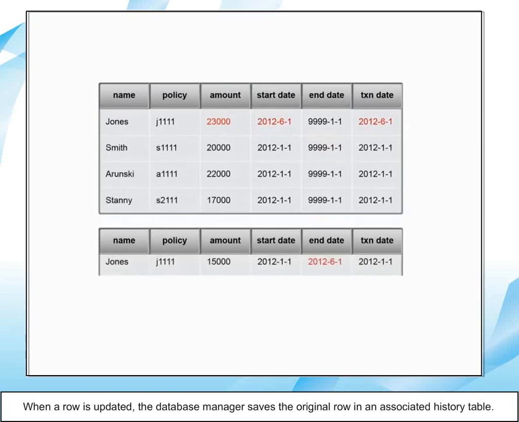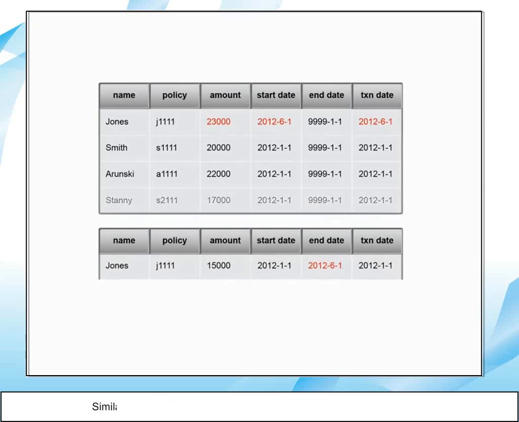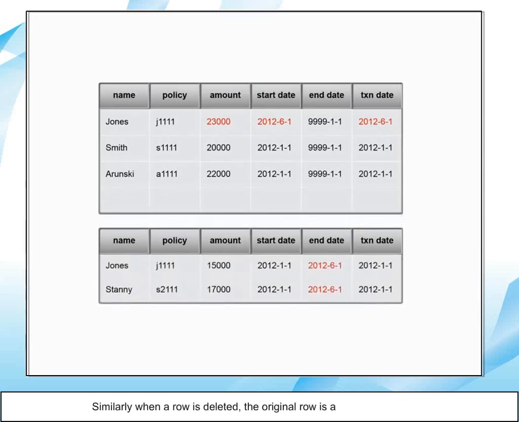When a row is updated, the database manager saves the original row in an associated history table. Similarly, when a row is deleted, the original row is added to the history. A single query can return all the information for a particular row.